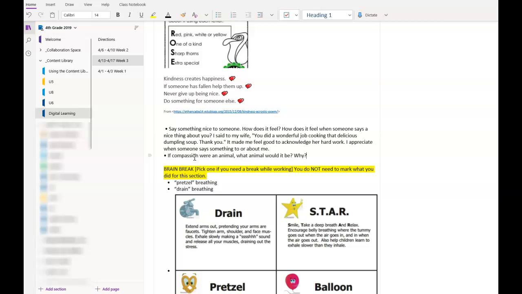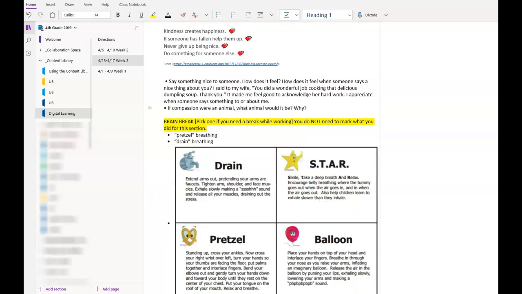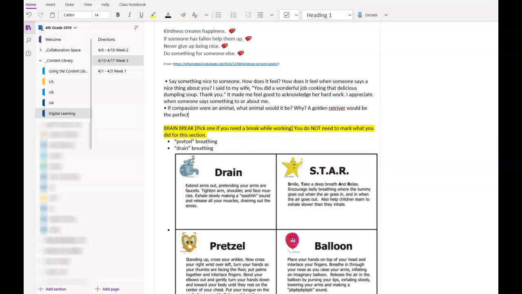Our next one is, if compassion were an animal, what animal would it be and why? So I need to think, what kind of animal always tries to make people feel better? So what I'm going to pick is a golden retriever. A golden retriever would be the perfect kind of animal to symbolize compassion.